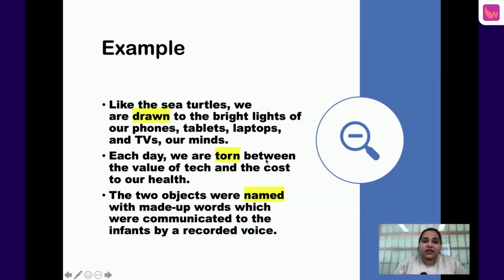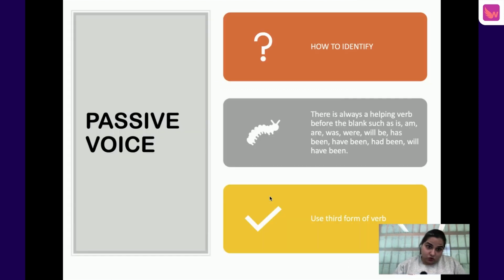For example, in this case, after are, you have to put the third form of verb, that is drawn. Here also after are, you put the third form of verb, that is torn. With were, you put the verb that is named, with the third form of verb. So just remember this rule. It is going to be quite helpful for you to solve some questions of your fill in the blanks.